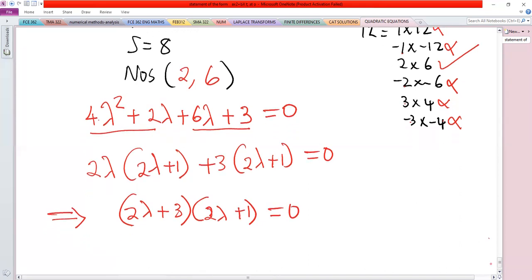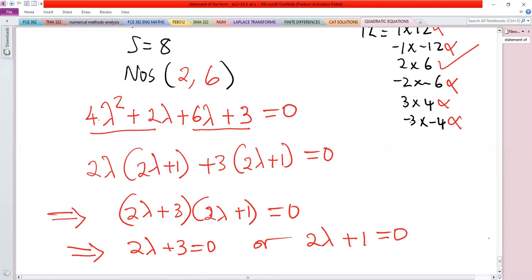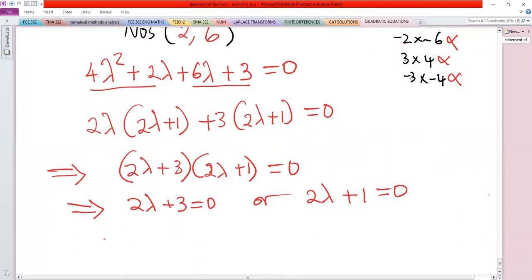Using the zero product property of real numbers, 2 lambda plus 3 is 0, or 2 lambda plus 1 is 0. So lambda is minus 3 over 2, or lambda is minus 1 over 2. So those are the two solutions for that given problem.